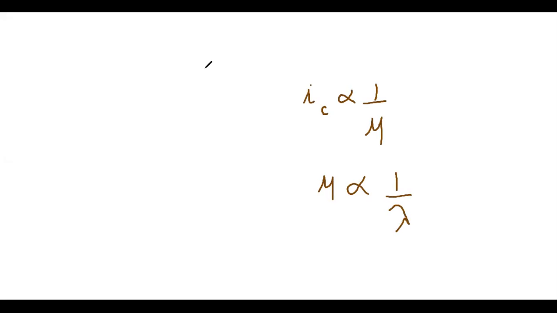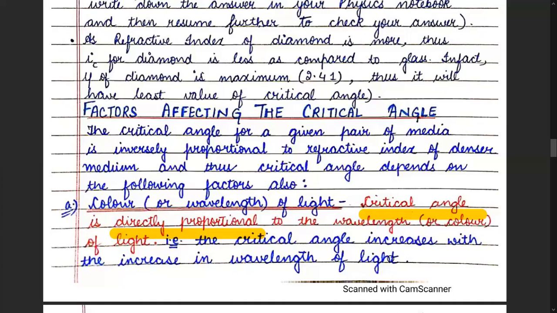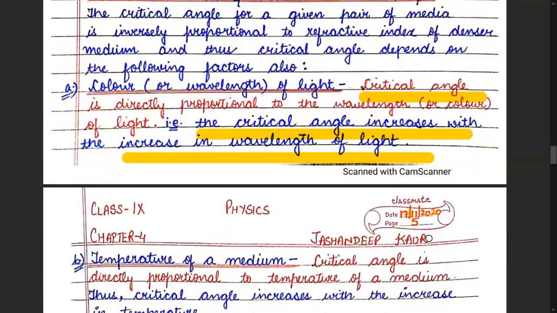Thus, critical angle is directly proportional to the wavelength of the incident light. That is, the critical angle increases with increase in wavelength of light.